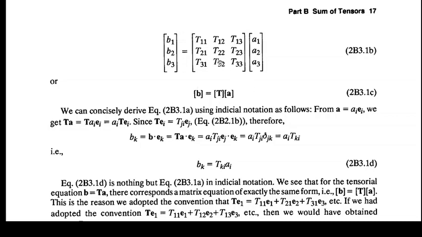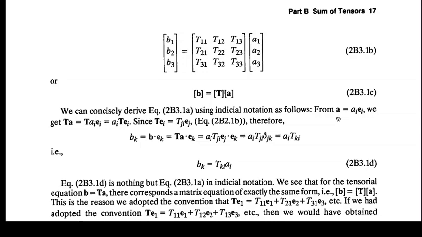Now, this is what we have done without any indicial notation. Now we can obtain this with the help of indicial notation. So if you want to use the indicial notation, then what you will do, first you will write your A as Ai ei.